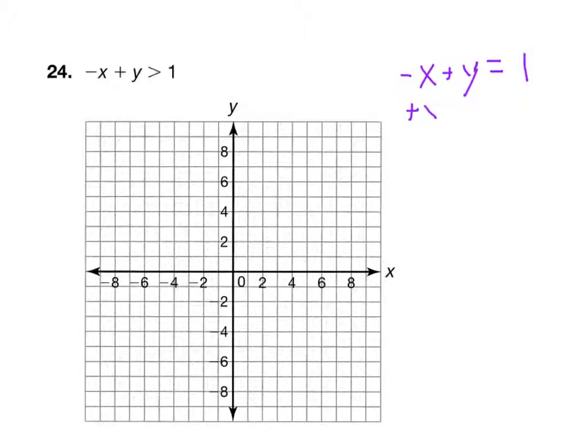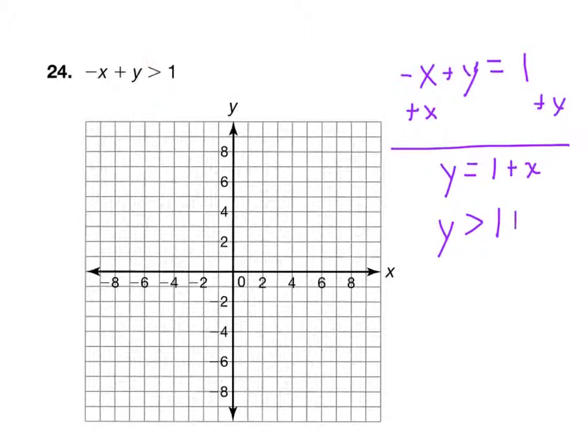Add the x to both sides. And so now we have y equals 1 plus x. So now my sign is the same as it was up here, like this inequality sign. So I'm going to go ahead and go y is greater than 1 plus x.